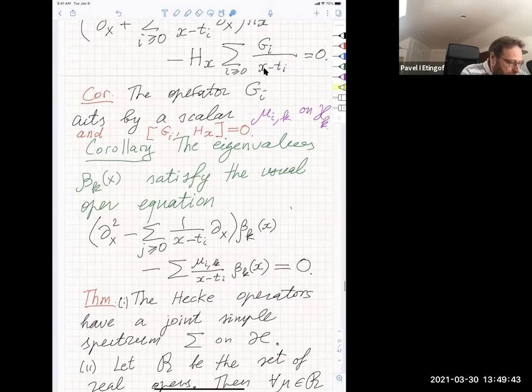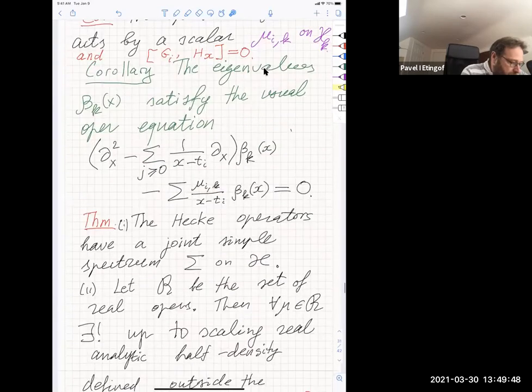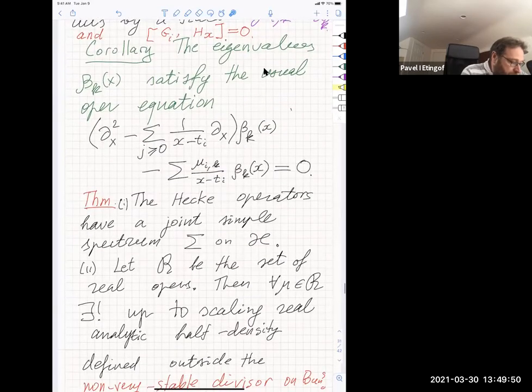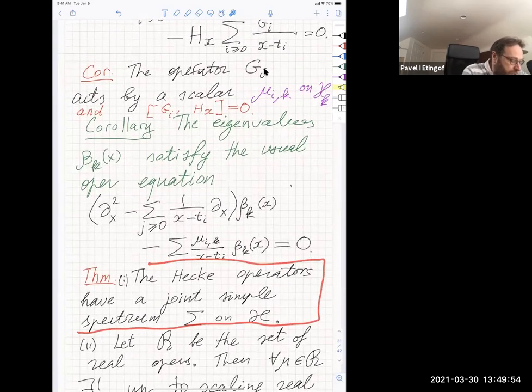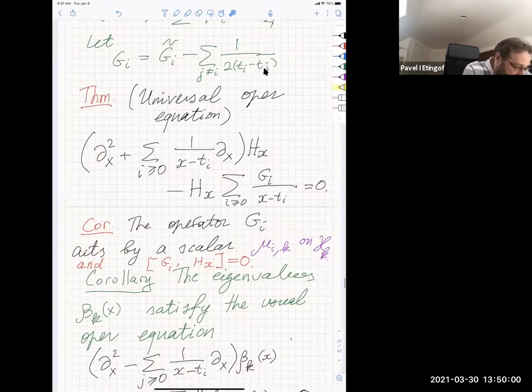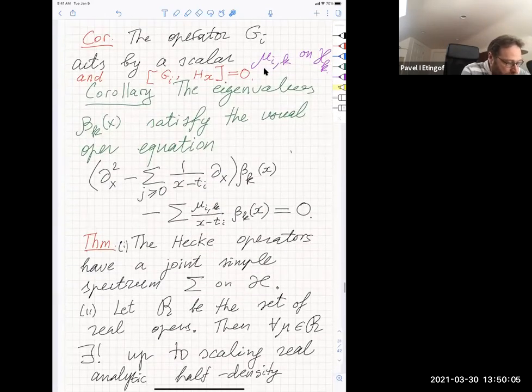Also, this has to do with the fact that the quantum Hitchin system also has monodromy, and it is known that this monodromy is irreducible.